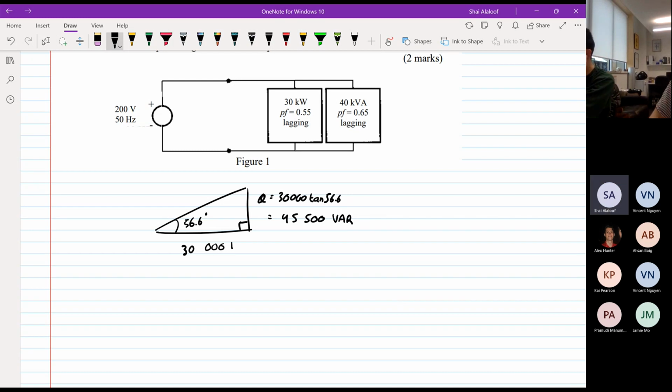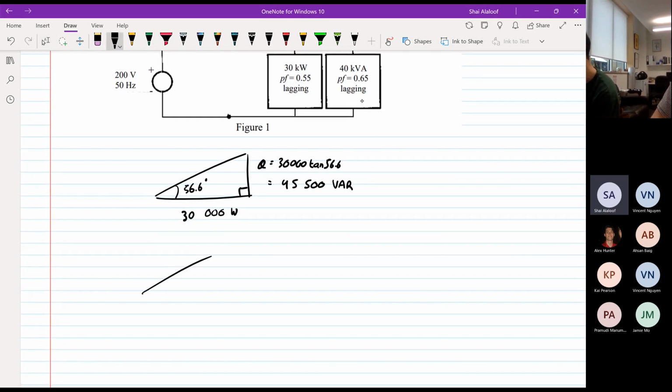And yep, I'm going to put watts here as well. Cool, that's the power triangle for the first load. The second load is 40 kilovolt amps, which is the unit for apparent power, S. So instead of drawing the average power, I'm going to label the apparent power, which is 40,000 volt amps, with a power factor of 0.65.